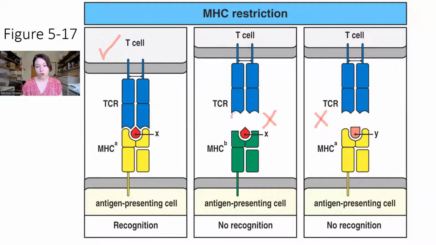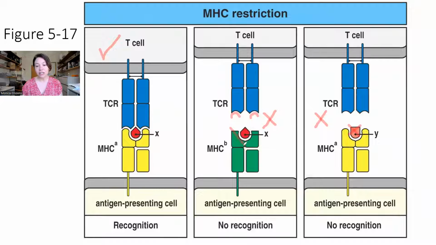They have like this curved area to show you that it needs to bind to a curved MHC, even though the little red antigen would fit perfectly. Over here, we have the curved MHC, but this peptide has like a flat top. It doesn't have the point like the other one. So this one doesn't work because of the peptide.